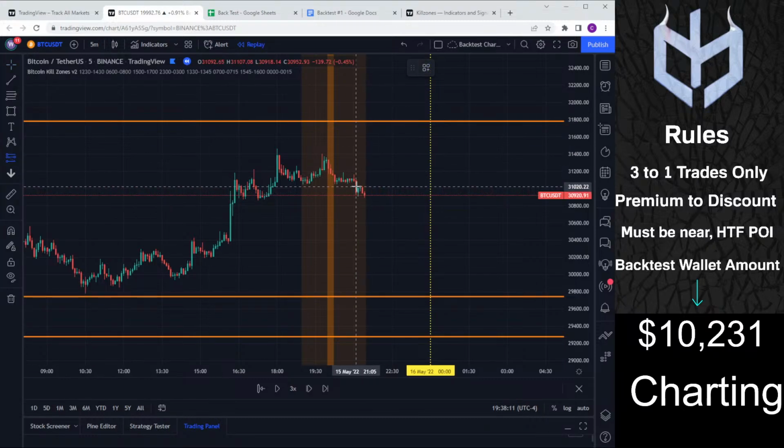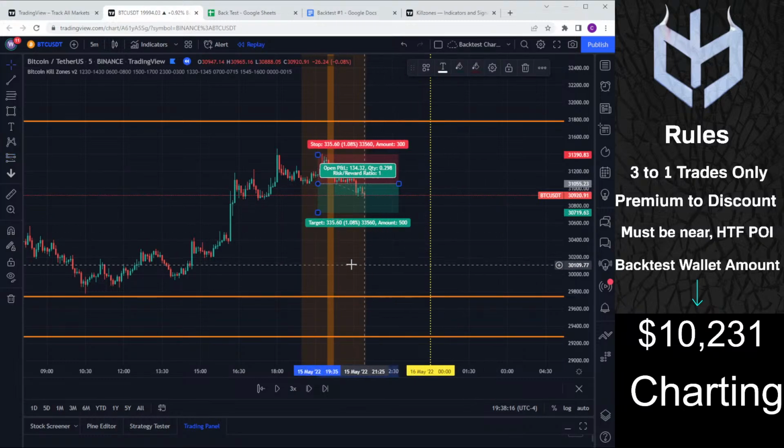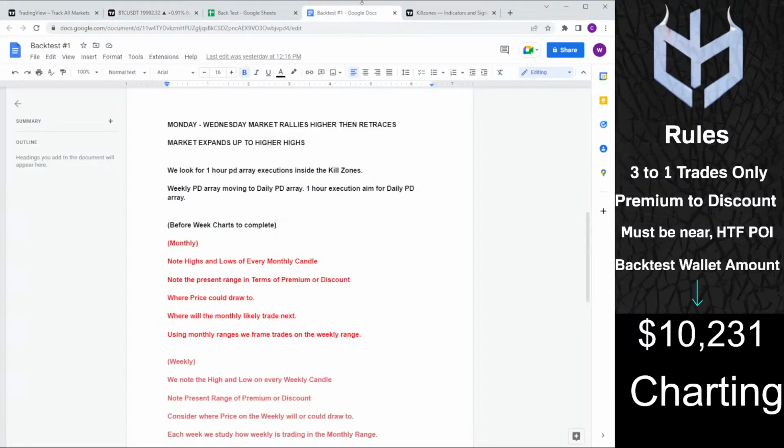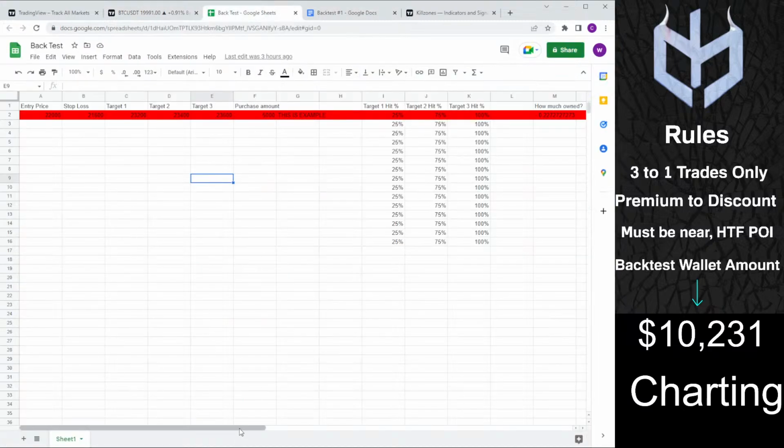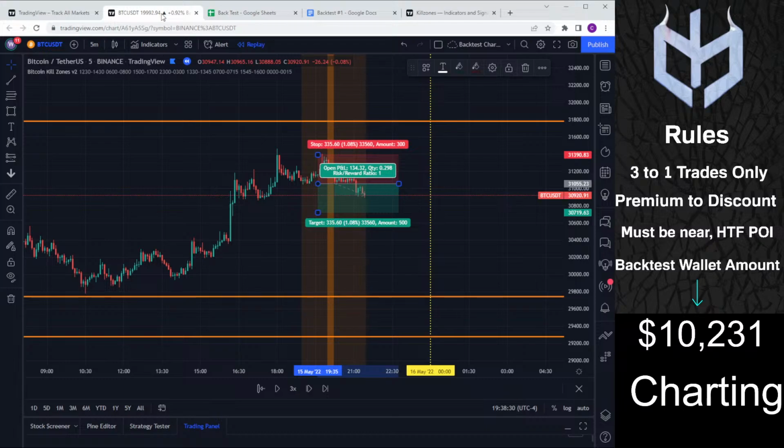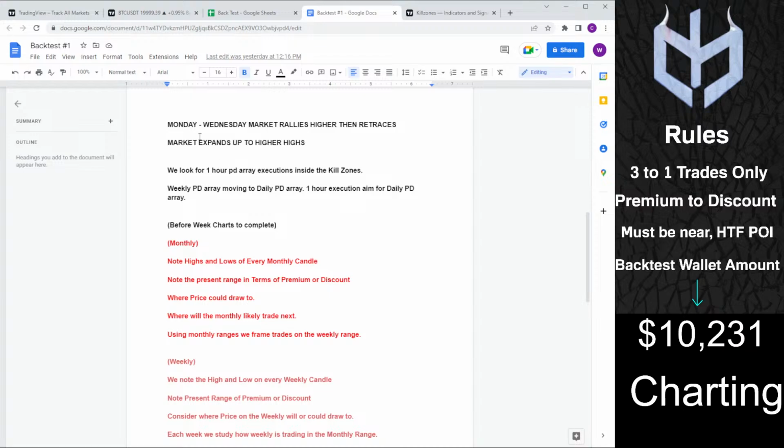So take a short. Take a short at 31055.23. Go into my little chart here. Where's price at? 31055.23.